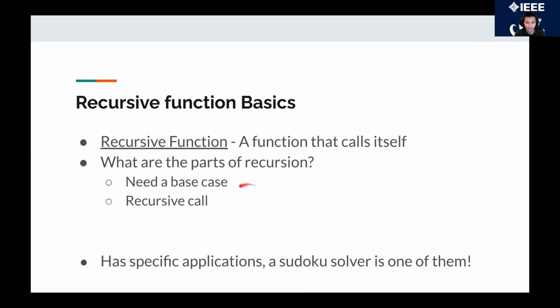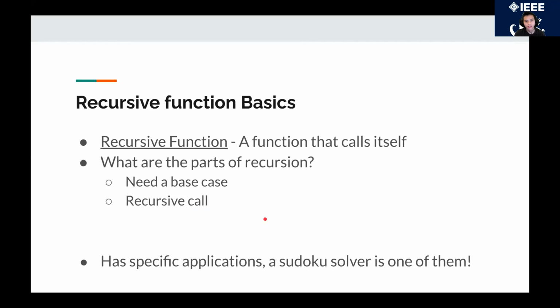There's a base case, which is how you escape when you're calling yourself. It's just comparing something, and if it's satisfied, it will leave that function call, right? And the second part would be the recursive call, which is the thing that actually calls the function itself.